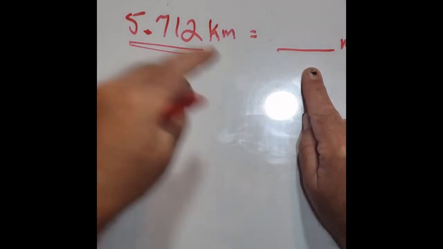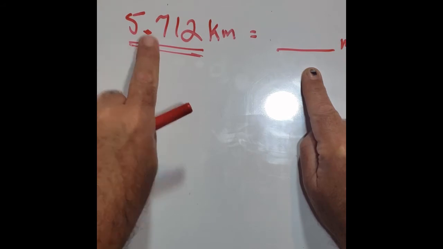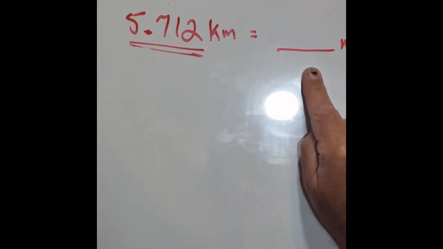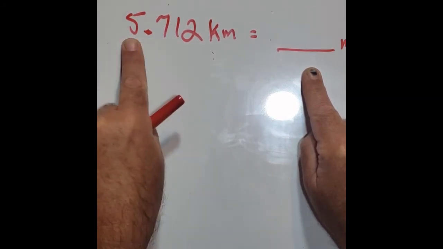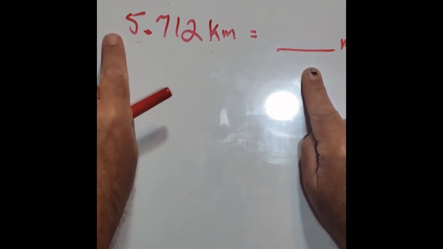Because each of these metric prefixes is some factor of 10. We know when we multiply or divide by 10 in math class that could be done easily just by moving decimal points. If I wanted to multiply this number by 10, then it becomes 57.12. If I want to divide it by 10, I go the other way, right?